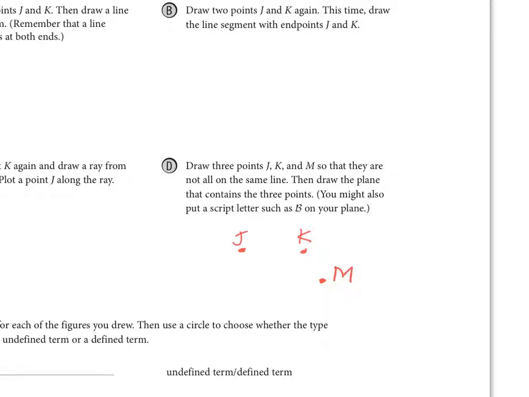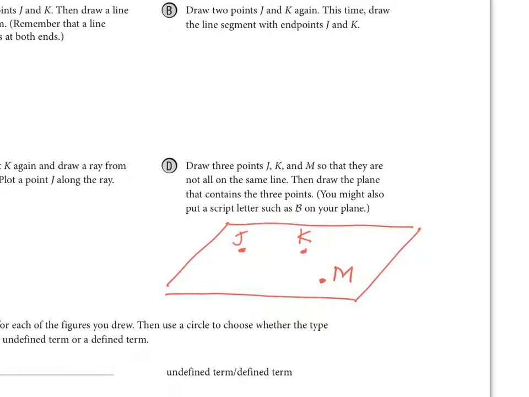And then we want this to be on a plane that contains those 3 points. And it says you might also put a script letter such as B on your plane. Remember, that's another way to name it or to label it. So my plane, I'm going to draw it like this. And you're imagining this plane to kind of be flat on, let's say, your desk or your table.